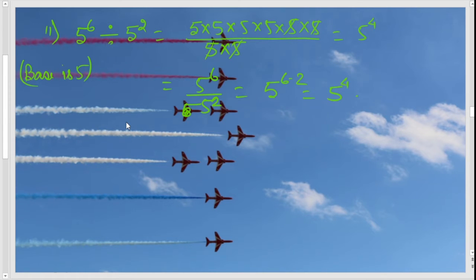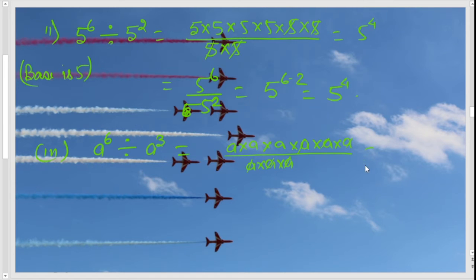Likewise, when we take another example like a to the power 6 divided by a to the power 3, it is a multiplied 6 times divided by a into a into a multiplied 3 times. A cancels with a, cancels with a.